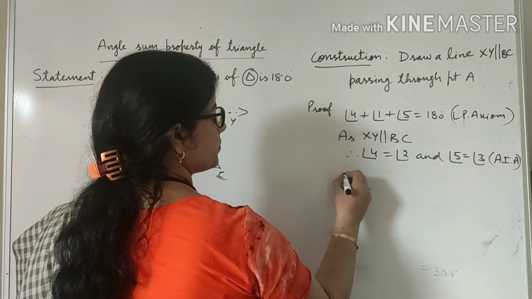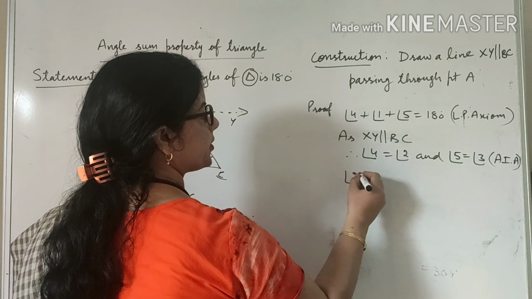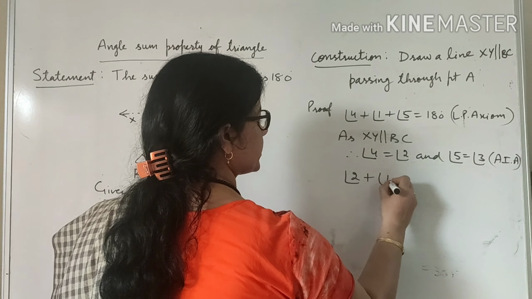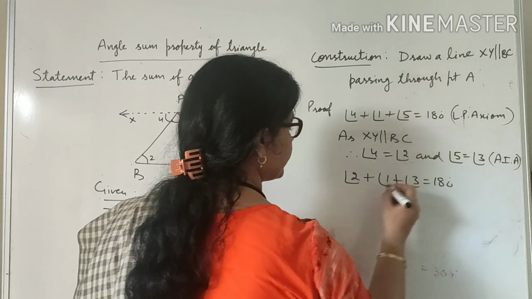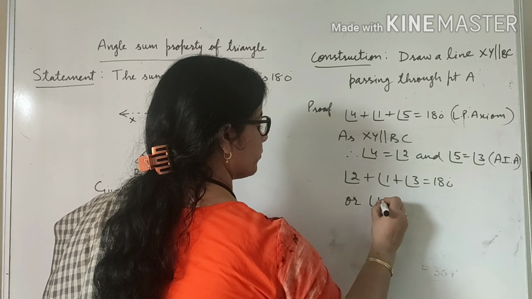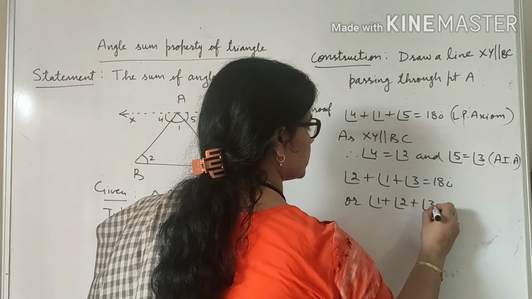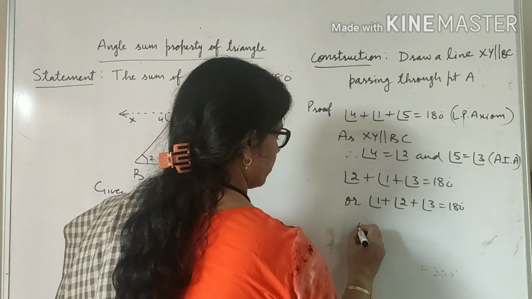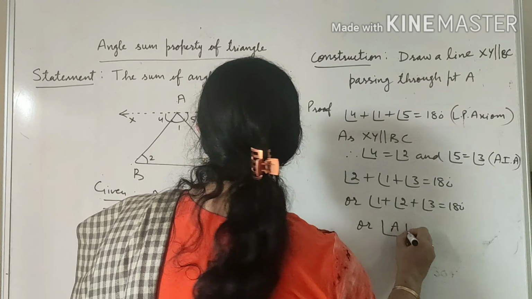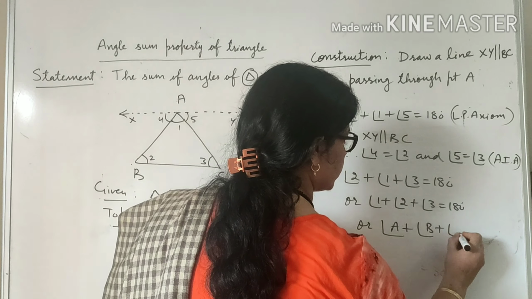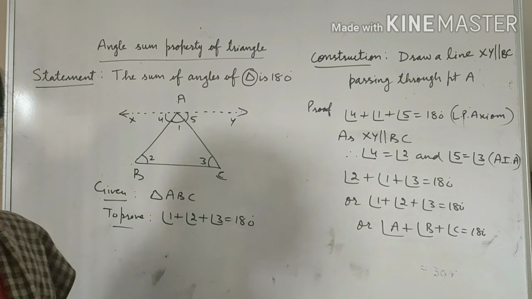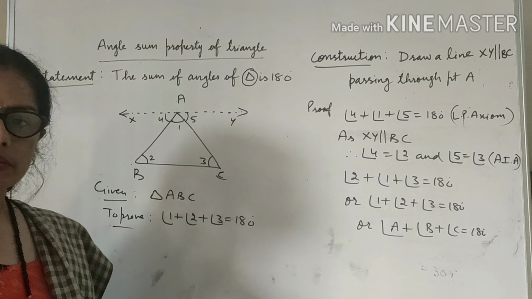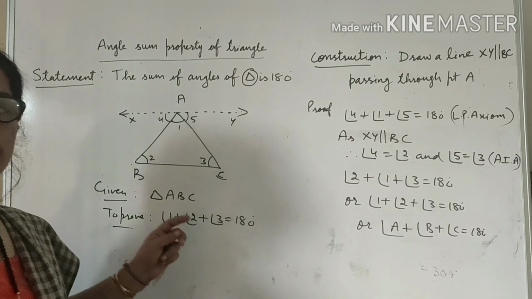Now put the values. In place of angle 4 we will write 2. This one as it is. In place of angle 5 write 3. The sum is 180 degrees, or we can write angle 1 plus angle 2 plus angle 3 is equal to 180 degrees, or you can write angle A plus angle B plus angle C is equal to 180 degrees. This we wanted to prove here. Is it clear? Thank you.